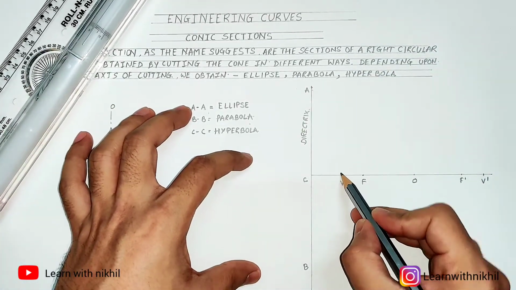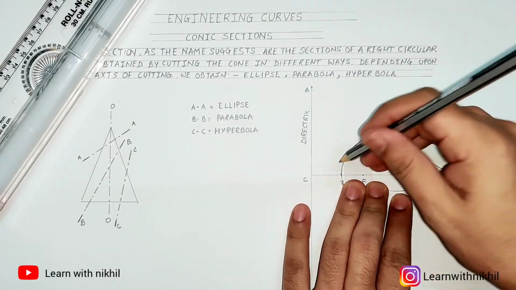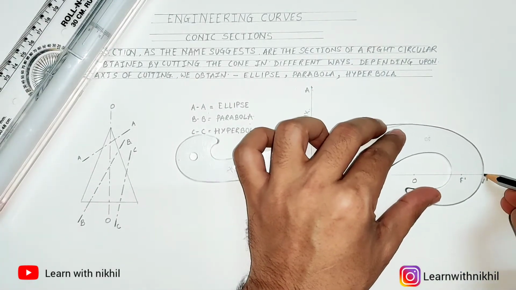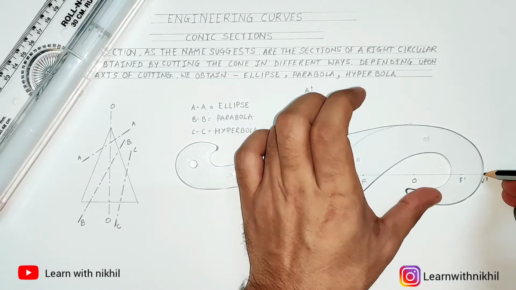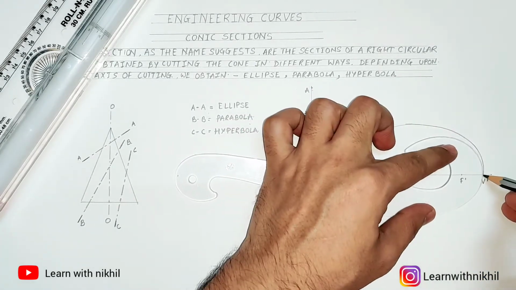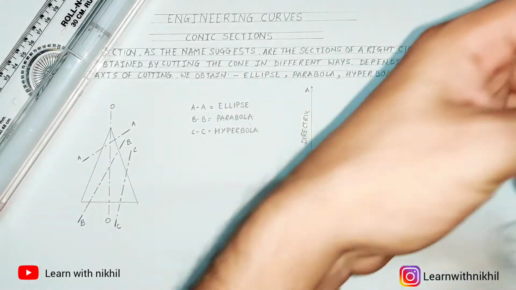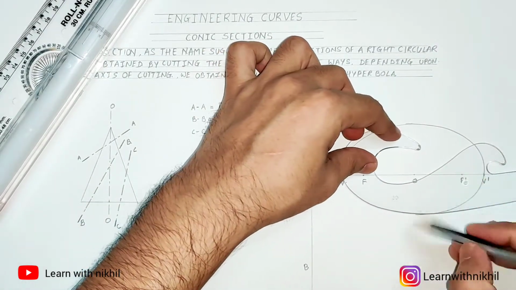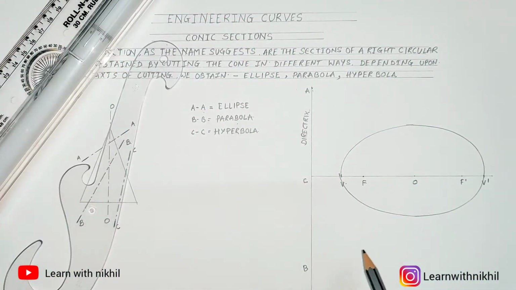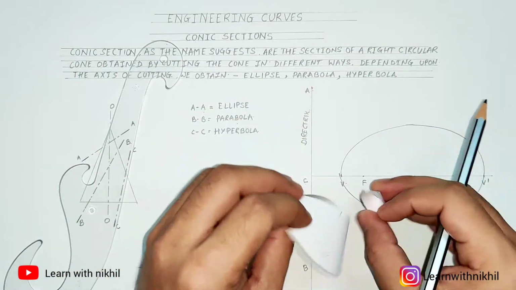So we have V vertex, F focus, and the ellipse starts from the vertex till the next vertex. So it is between the two vertices. This is the shape of an ellipse which I have drawn. As you can see, it starts from the vertex to the next vertex, and you have a center point O and you have an equal distance of the foci.